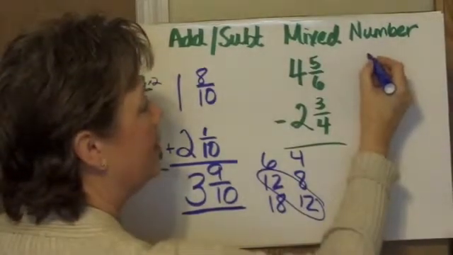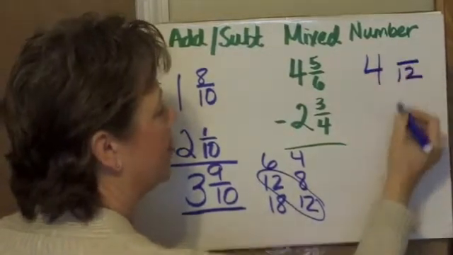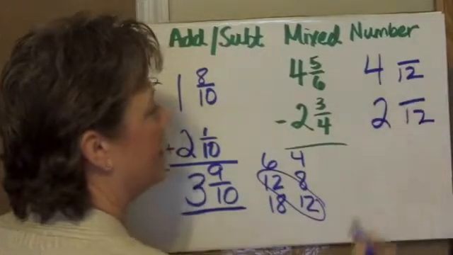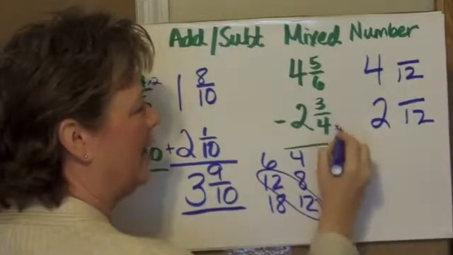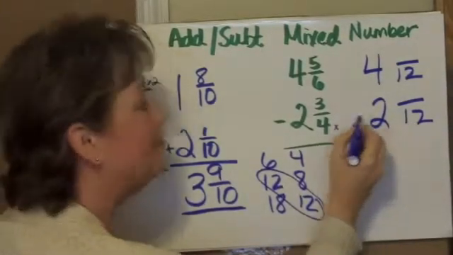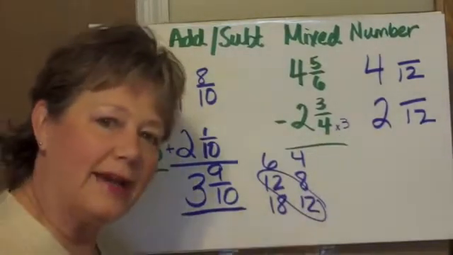So I'm going to come over here and I'm going to have 4 and some kind of 12 and 2 and some kind of 12. So, 4 times what? 4 times 3. So remember that balancing act.